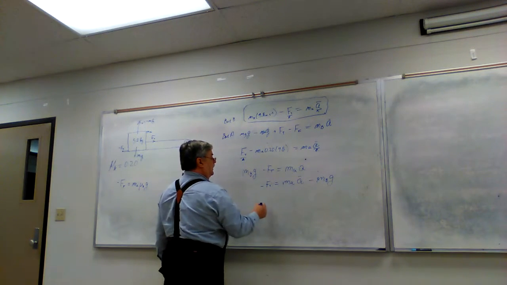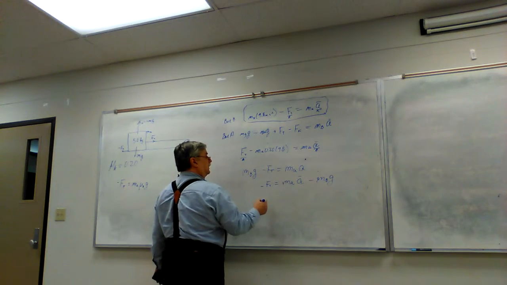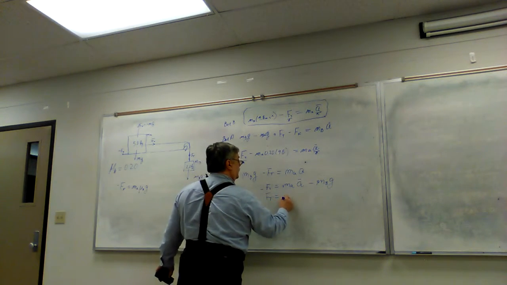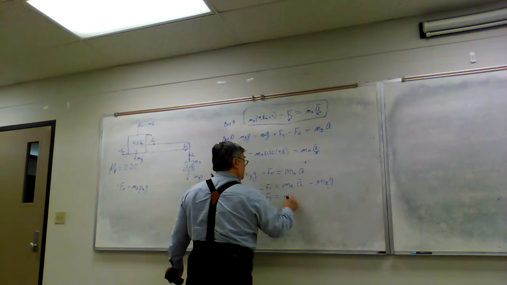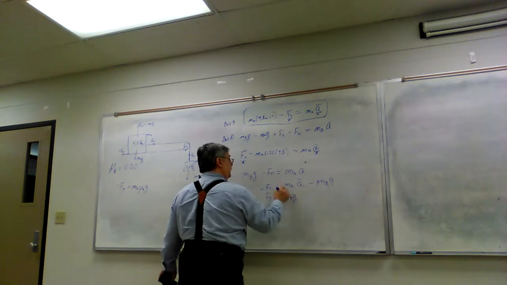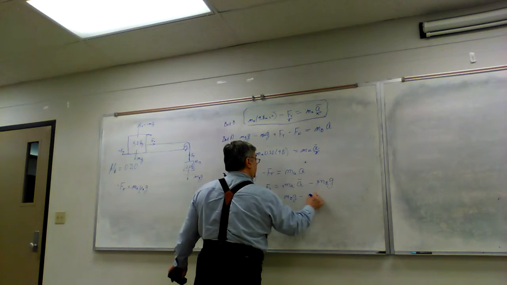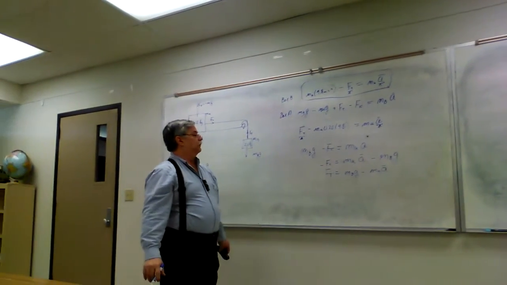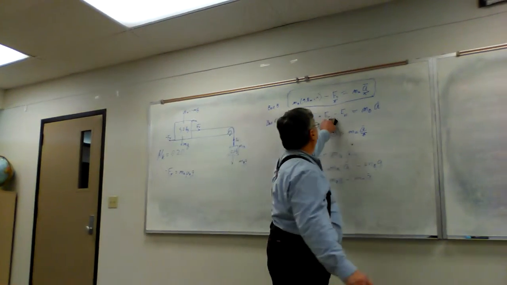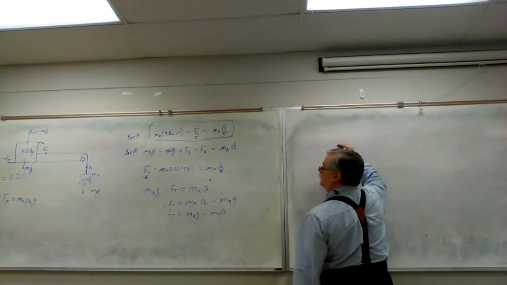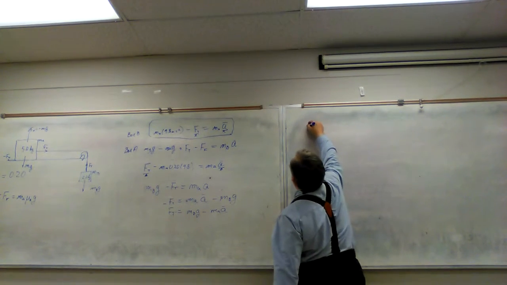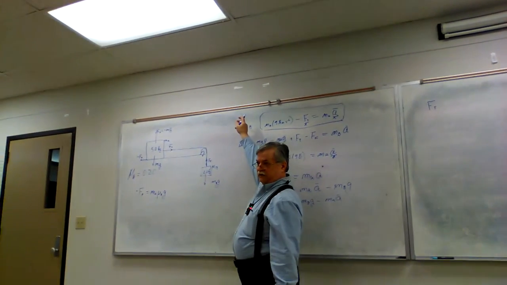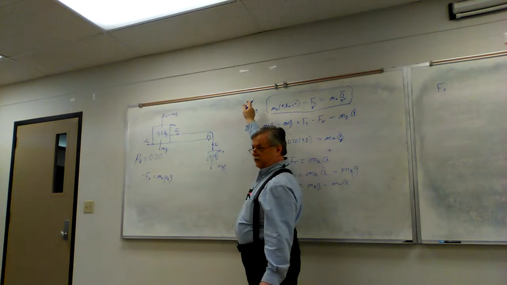Now, we can multiply through by -1 just to make everything a little easier to work with. We've got force of tension is equal to plus mass B times G minus mass A times A. That is now our force of tension, which we can substitute into this equation. Remember, we solved the box B equation in terms of force of tension.